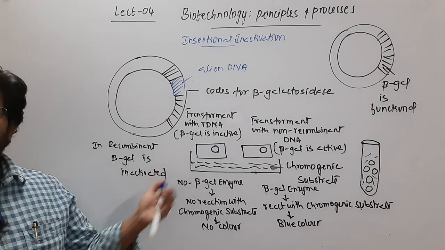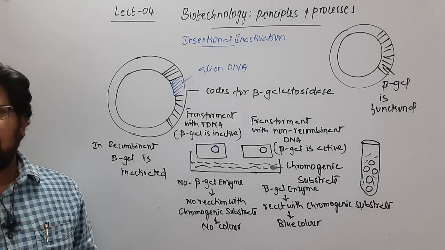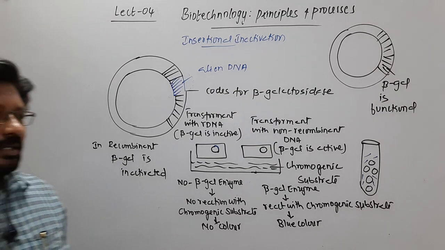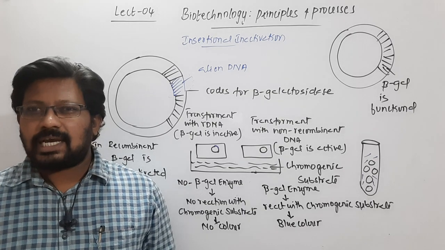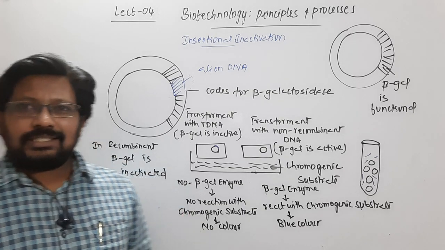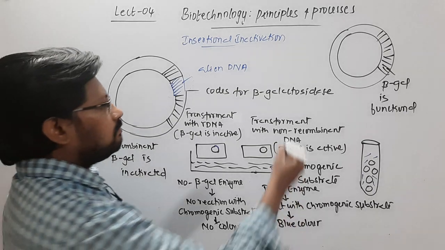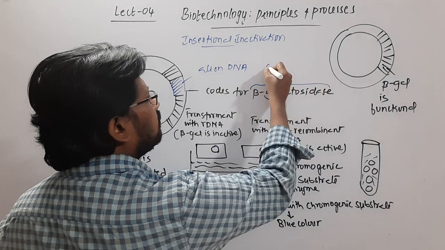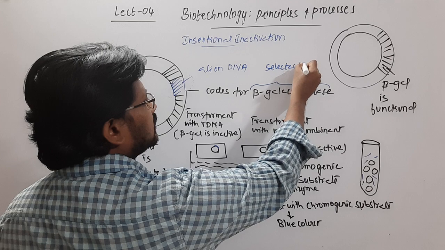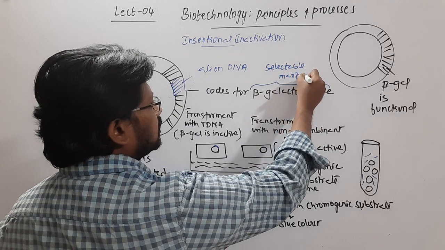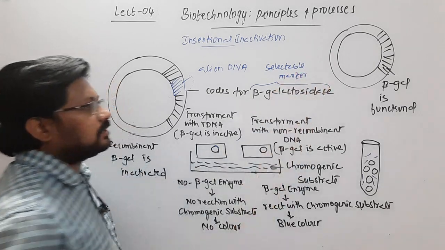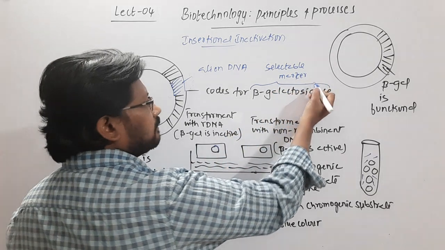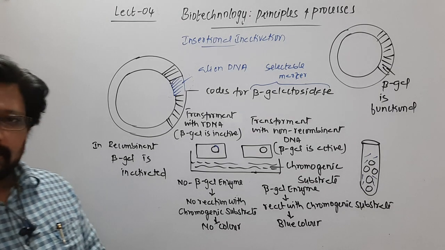That is what we did not see in the earlier method, where we used antibiotic resistance genes as selectable markers. In this case, beta galactosidase is the selectable marker.